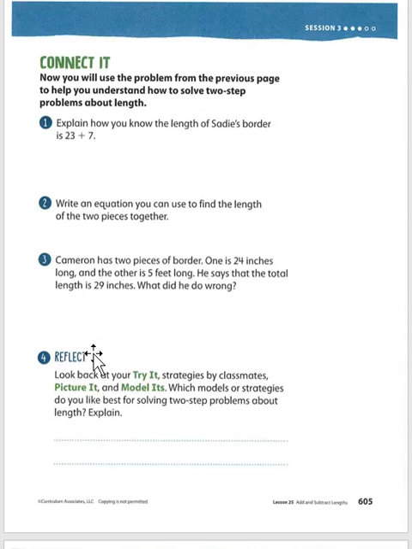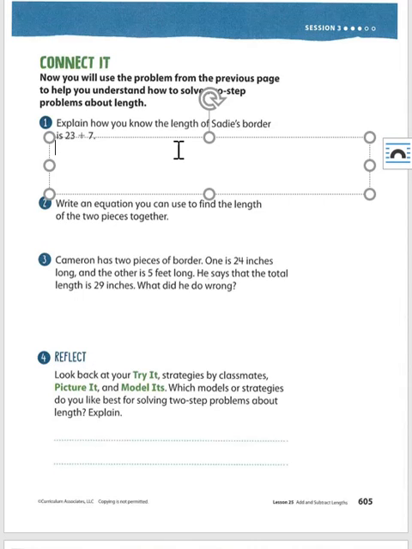Connect it. Now you will use the problem from the previous page to help you understand how to solve two-step problems about length. Explain how you know the length of Sadie's border is 23 plus 7. Well, Sam's border is 23 inches.